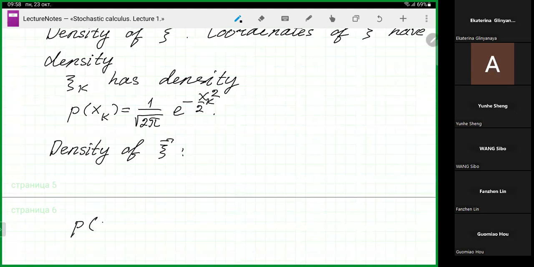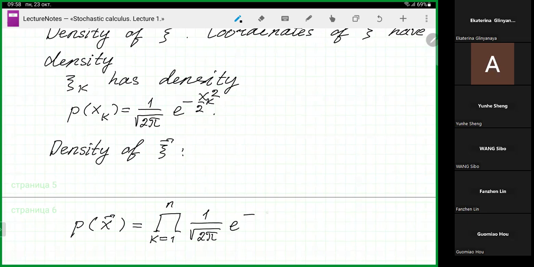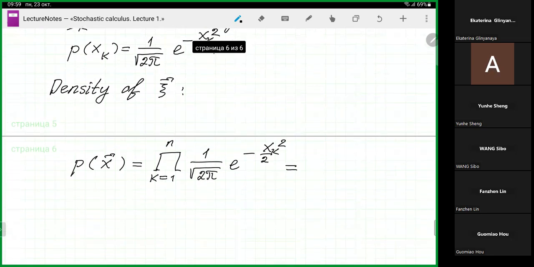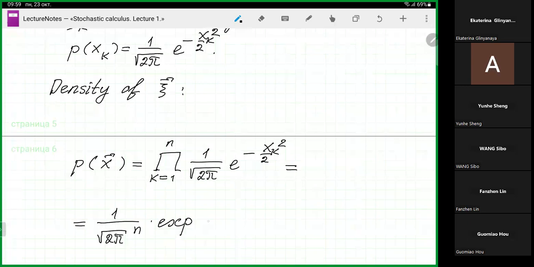P of x is equal to the product from k equal 1 to n of 1 over square root of 2 pi, and here is e to the minus xk square over 2, which is equal to 1 over square root of 2 pi to the power n, and multiplied by the exponent of minus norm of x squared over 2.